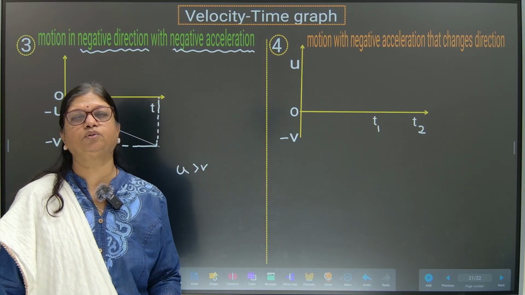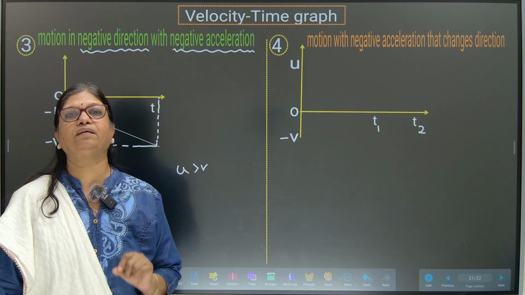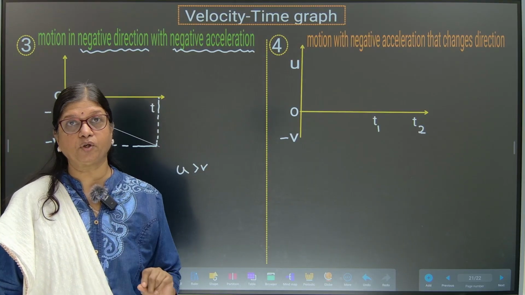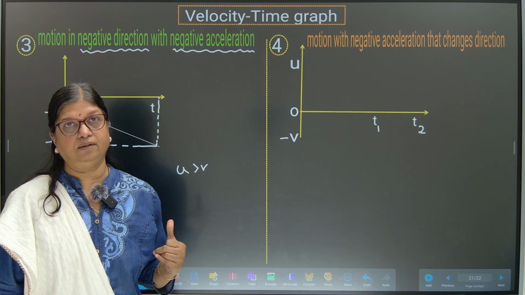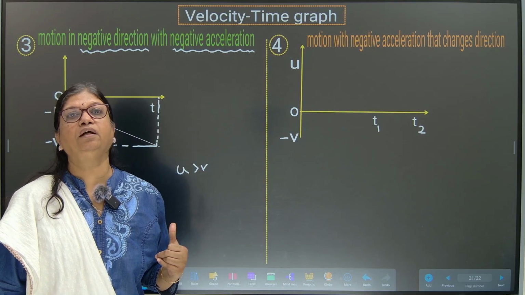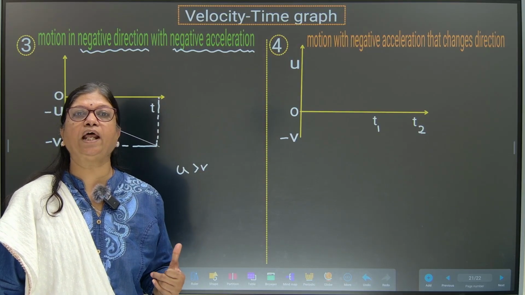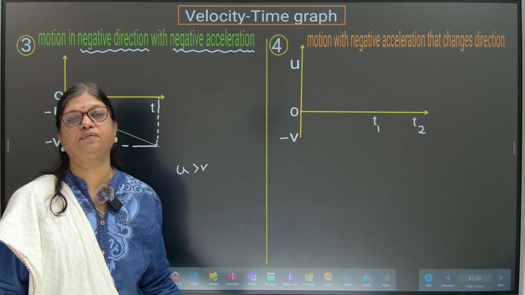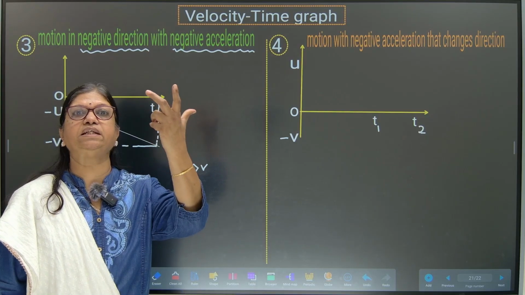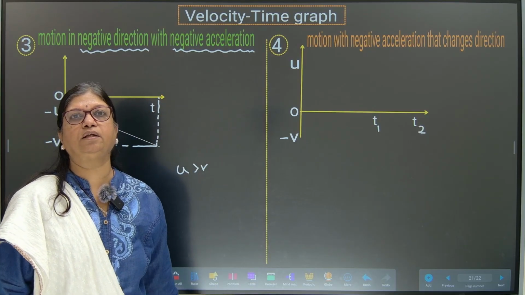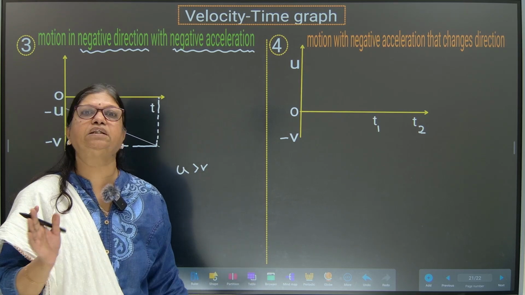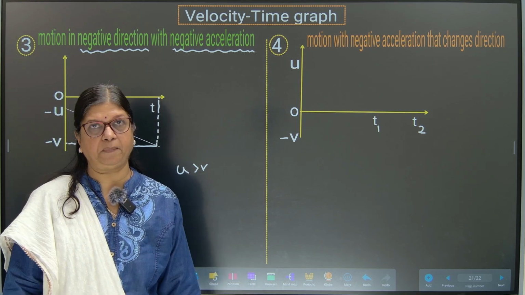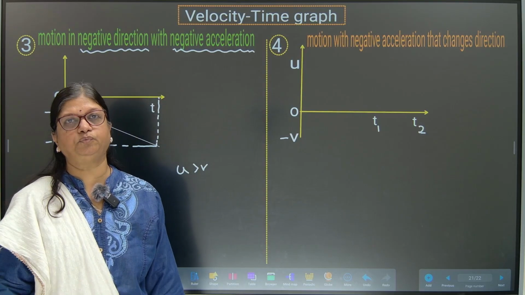So here also u is greater than v and the body is going in the negative direction. Fine. Okay. So it is also like you're taking a body in the reverse direction. You have already started and you're taking the body in the reverse direction and you have stopped it there. Reverse parking. Such a type of example you can keep it in the mind of any object.